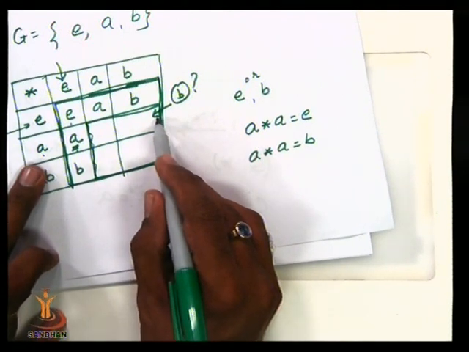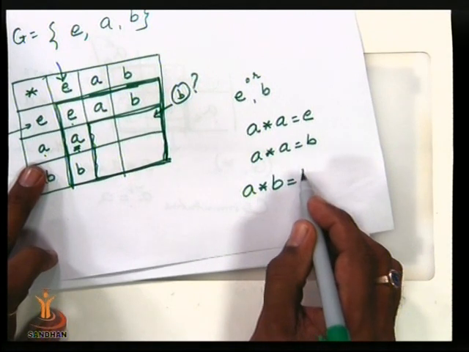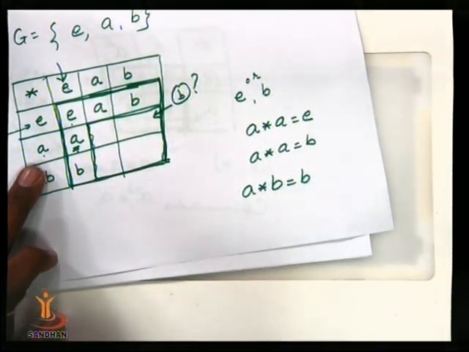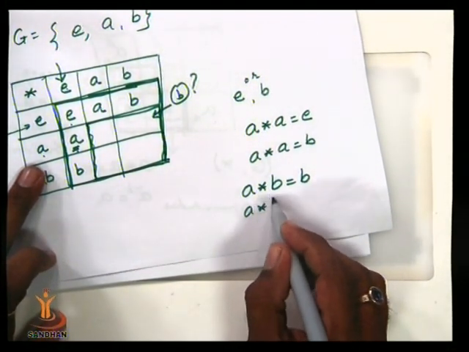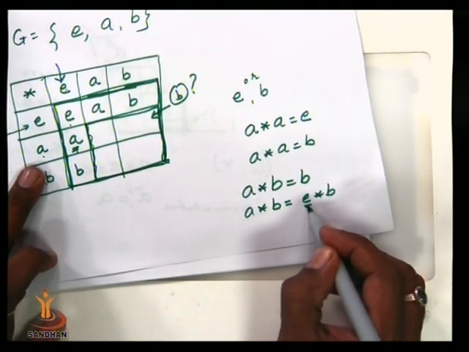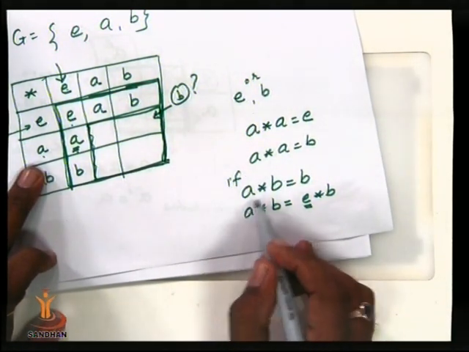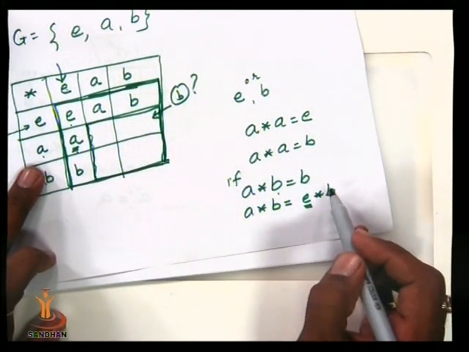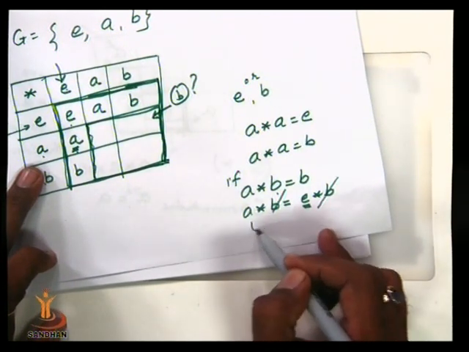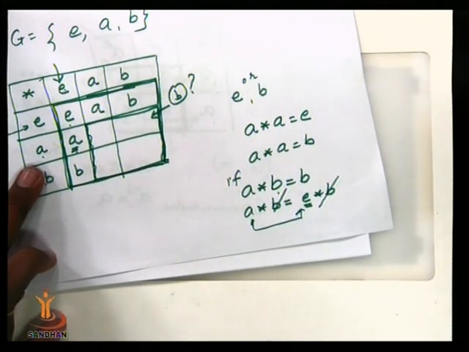If we can put B here, then we may have A star B is equal to B, right? So A star B, we can write as E star B, because E works as an identity element. And if this happens, A star B is equal to B, then by the right cancellation law we may have A is equal to identity, and we know that A is not an identity element.